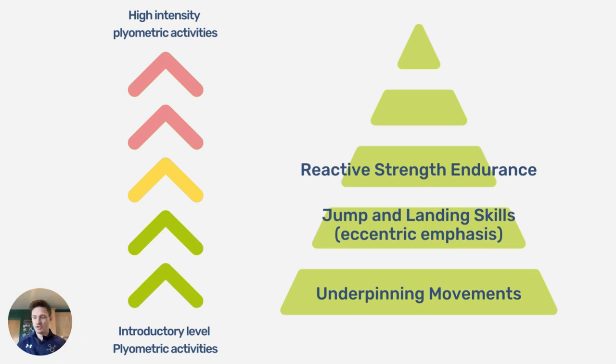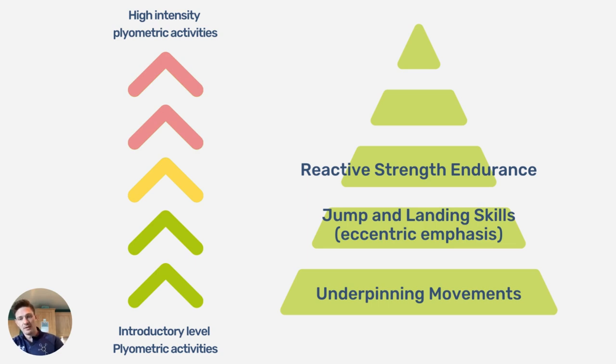In comparison to just standing and jumping, we've now got contacts. In a static jump or a box jump, our feet start flat on the ground, we jump off the ground. There is a contact when we land, but we're not going into another jump, so we don't need to reproduce that. Whereas the big difference with reactive strength endurance is that we're going to reproduce that. Things like skipping would be in it, but they would be further down that pyramid because they are lower intensity.